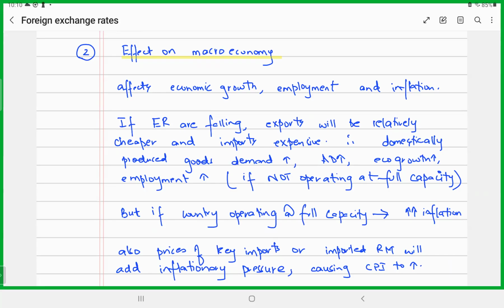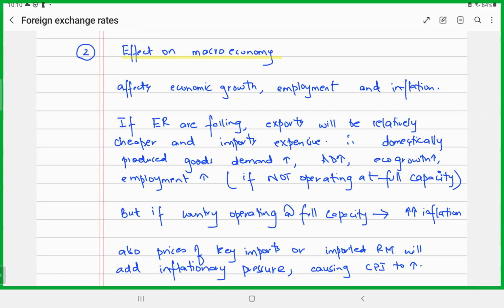Then the country is going to experience inflation. And this rise in inflation means that the price of key imports, or the price of imported raw materials, could also rise. So it would increase the inflationary pressure, right?